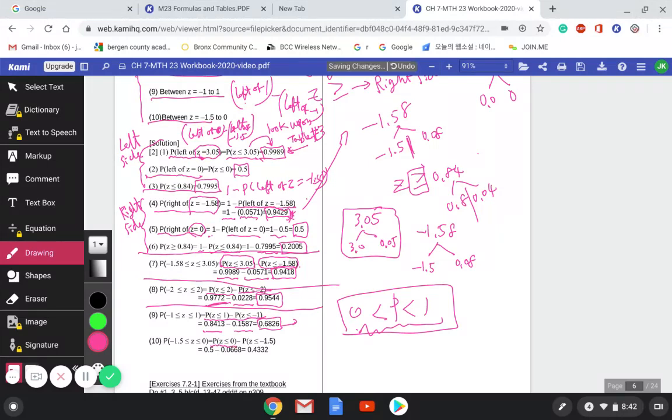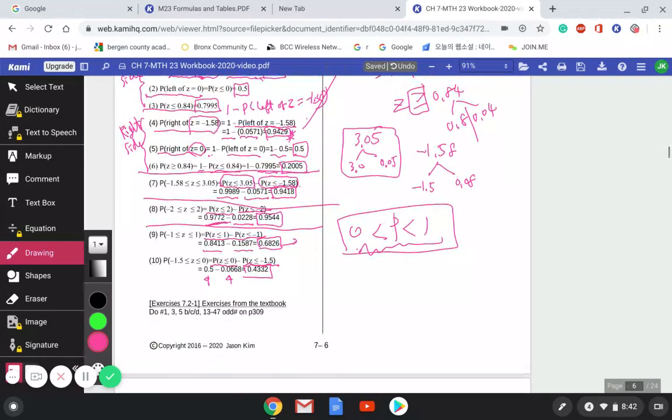Left means less than or equal to. So you end up with this value and that value from table number 3. That's your final answer. That's how you find the probability once you find the z values.